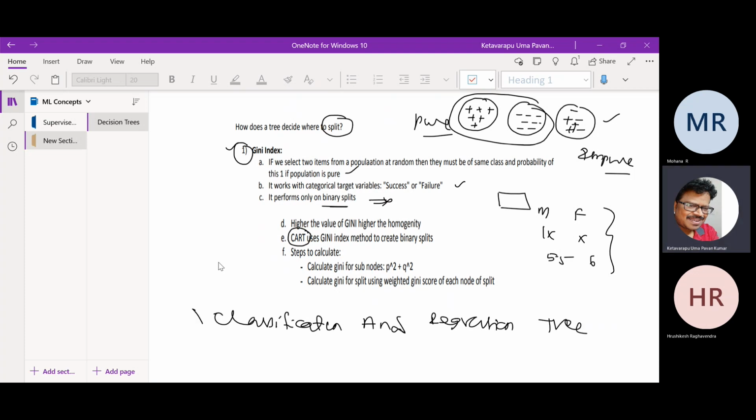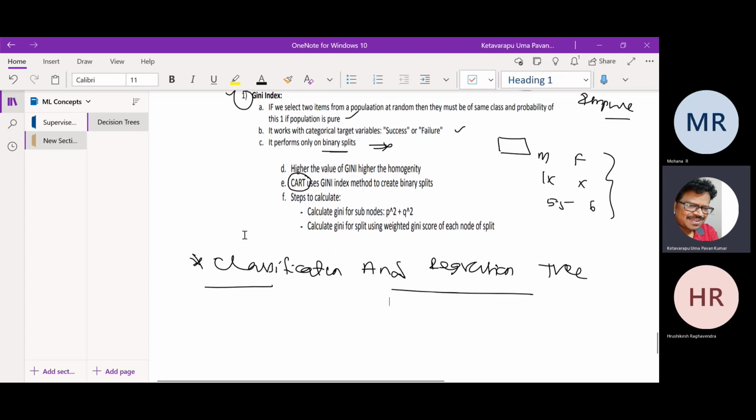You may be surprised because classification is one set of algorithms in supervised learning, and regression is another set of algorithms in supervised learning. But as you know, if you are considering the decision tree, there is no restriction on the type of data or the type of class.